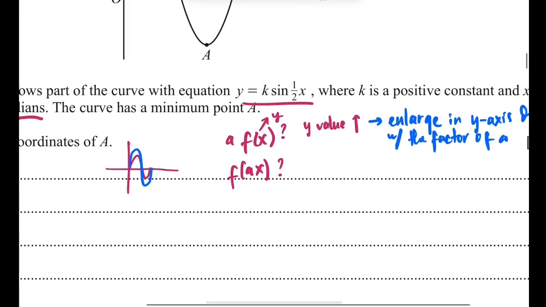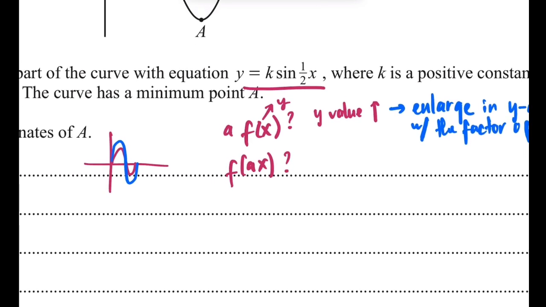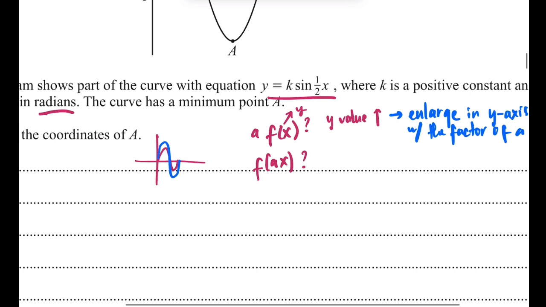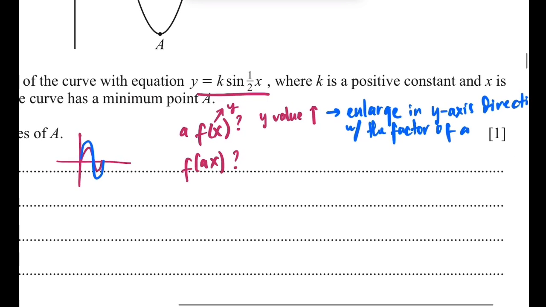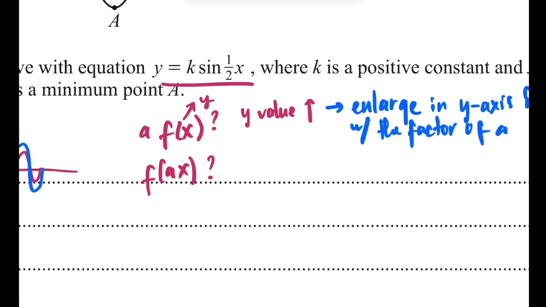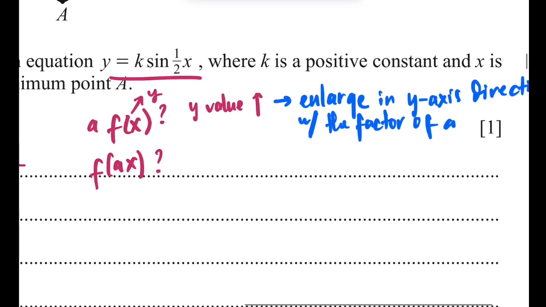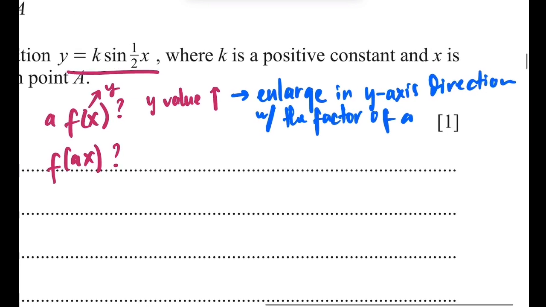Now, what about f(ax)? Now we look at this, the a here is applied next to the x, okay? If we talk about x, the enlargement here will not be in the y-axis, but it will be in the x-axis direction. But it will be in reverse relationship. So if we times by ax, the original value of x itself will decrease because we multiply by a, and then we want to have the same value of y.